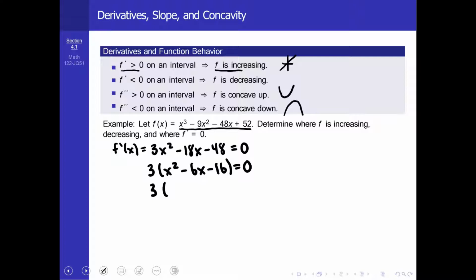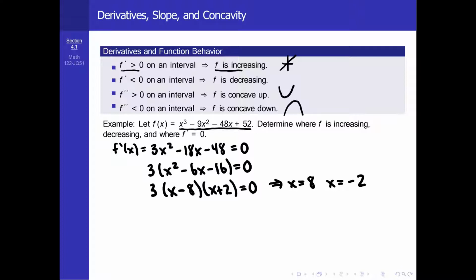So I'll factor that as x minus 8 times x plus 2, still equal to 0. And this implies that x is either equal to 8 or x is equal to negative 2. So these are the two places where the derivative is equal to 0.